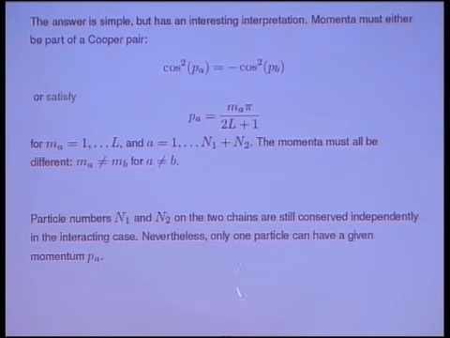So even though the particle numbers on the 2 chains, which I'm calling N1 and N2, are conserved independently, and that stays in the interaction, because remember, nothing hops from chain to chain, there's still only one particle with a given momentum.